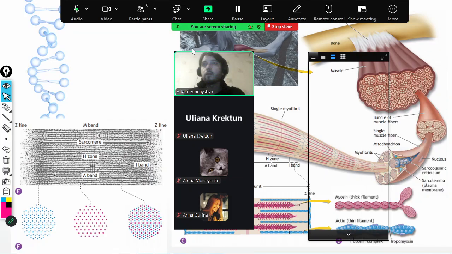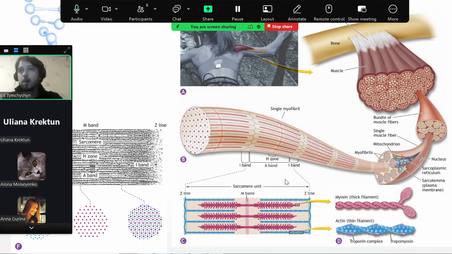What are they? We will get into biochemical details, but here is an example that shows what these structures are molecularly. Here you have one sarcomere unit. These sarcomere units are connected along the Z lines. Here you see the M band at the center, and here you see myosin and actin that slide towards one another.